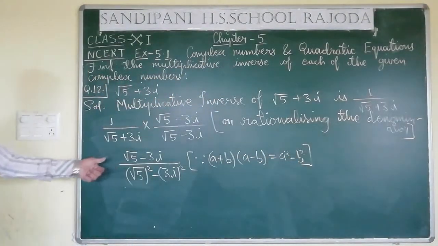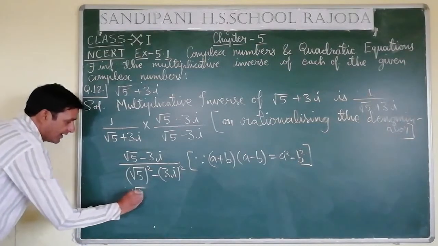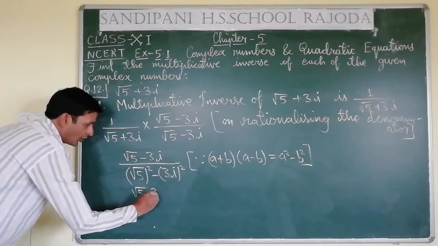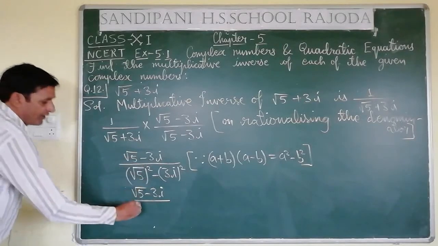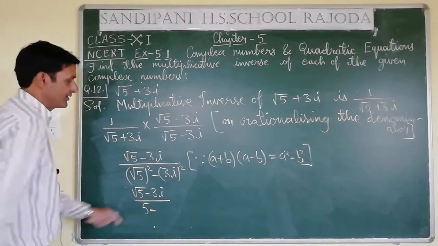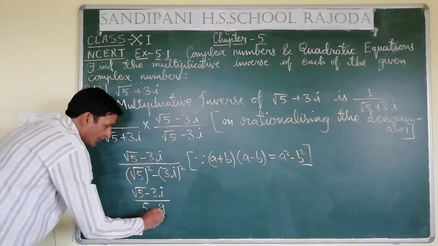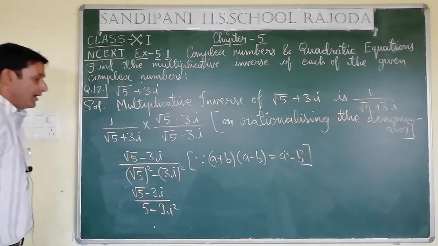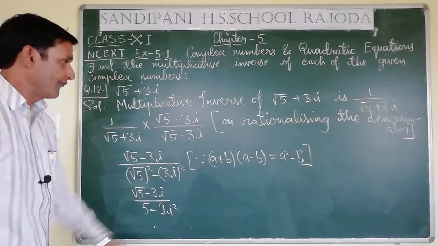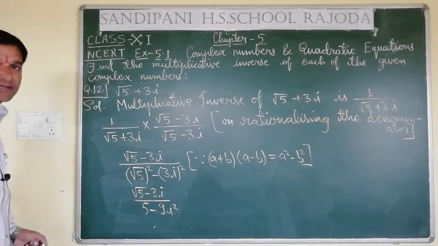So now root 5 minus 3i upon square of root 5 will be 5 here, and square of 3 is 9 and square of i is i square. So it will be 9i square. As you know very well the value of i square is minus 1.